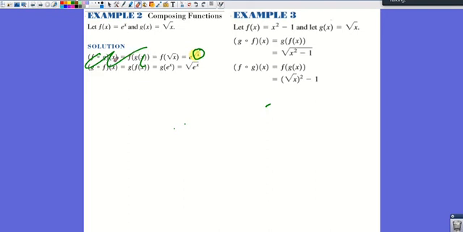Why is my computer super laggy right now? So let's call this f of g of x.